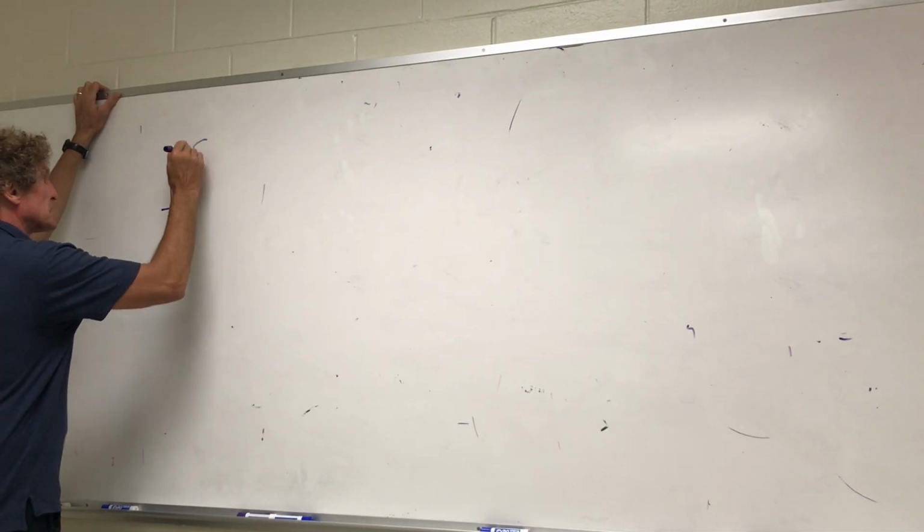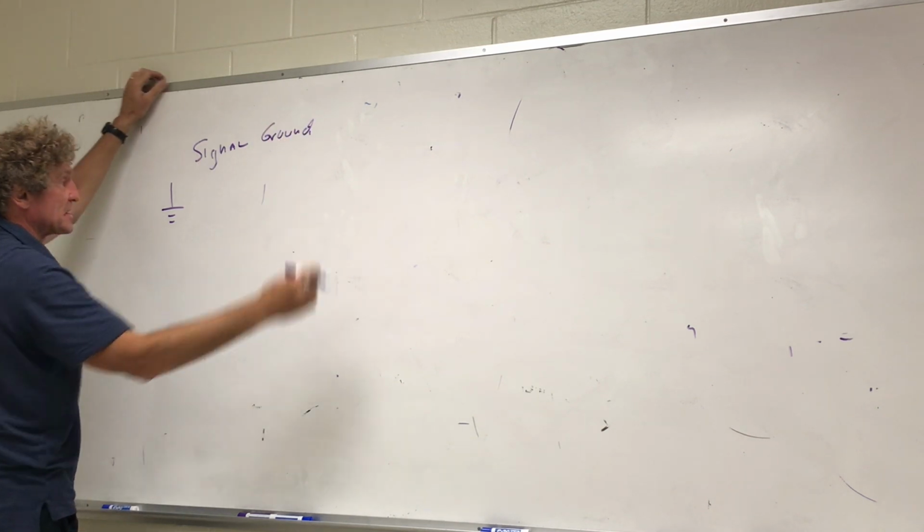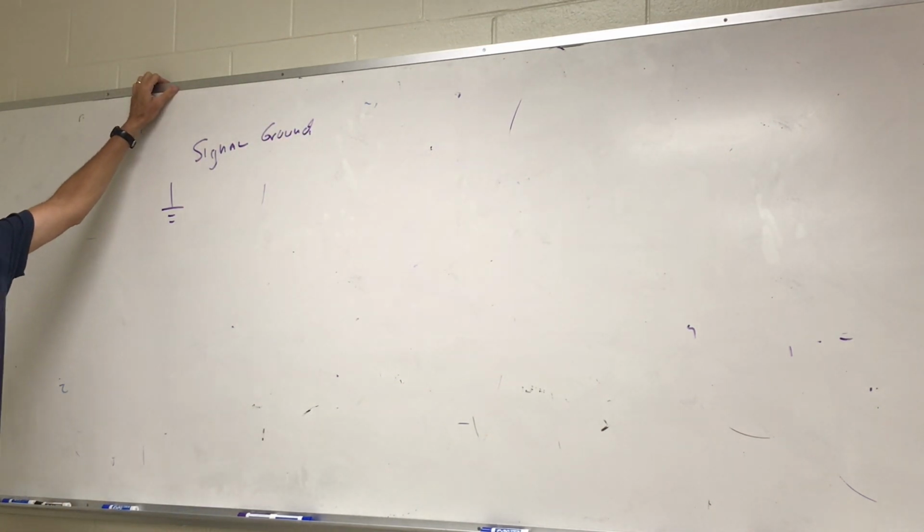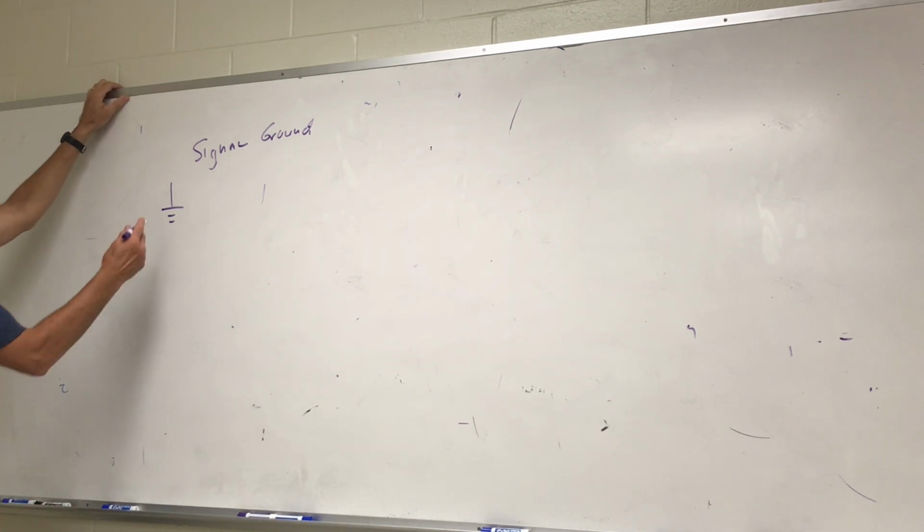But for grounds, this is in the book, and it's a very brief overview, just to make you familiar with it. The first ground you see is this. That's called a signal ground. What do I mean by that? In your first laboratory work, they may have a simple breadboard, and there they're going to say ground.